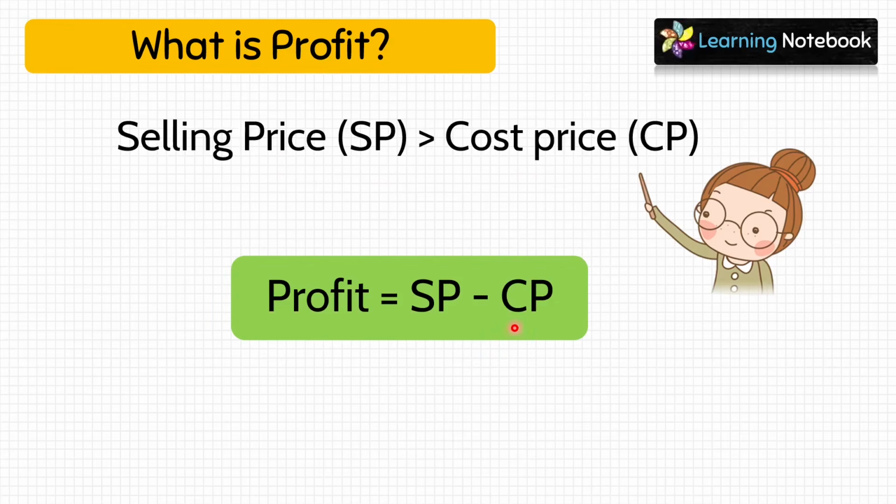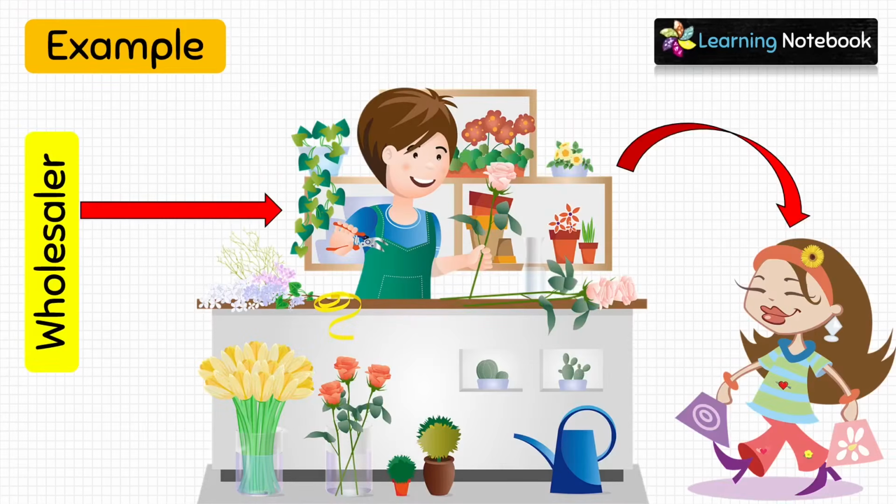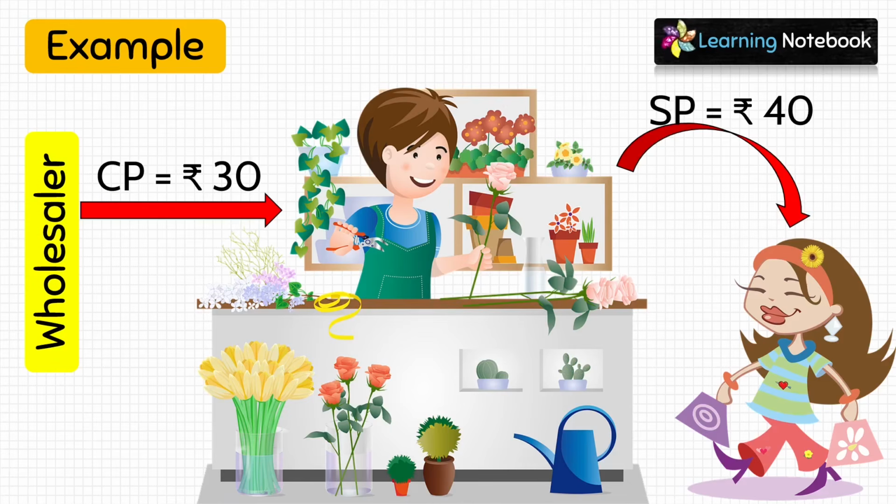Students, let's take an example to understand this. Suppose a shopkeeper buys one rose flower for rupees 30 and he sells the same rose flower to his customer for rupees 40. So here the shopkeeper is making a profit because selling price is greater than the cost price.